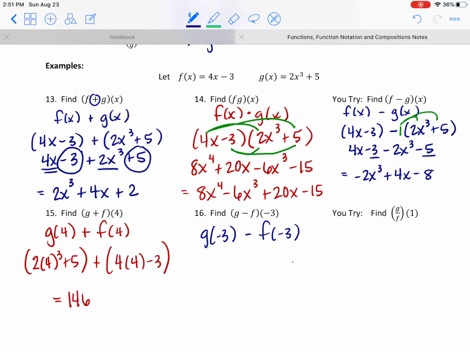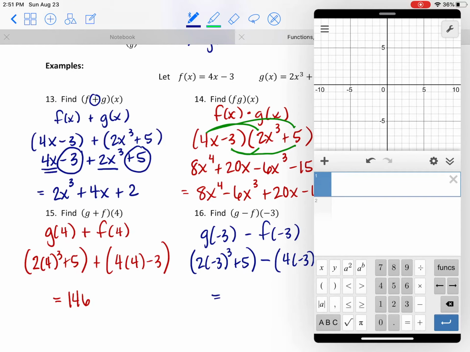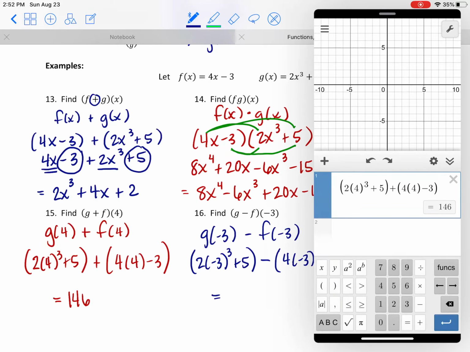So g of negative 3 is going to be 2 times negative 3 cubed plus 5. And then we want to subtract f of negative 3, which is 4 times negative 3 minus 3. And again, I don't want to make any silly mistakes with the math, so I'm going to plug this in, and actually I can just correct what I have here.